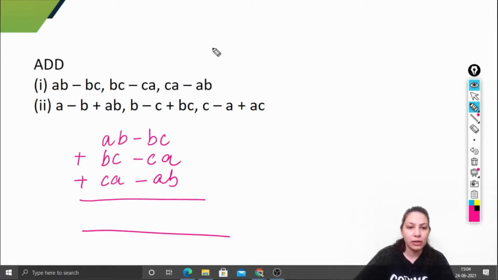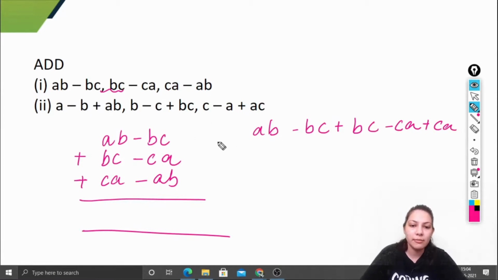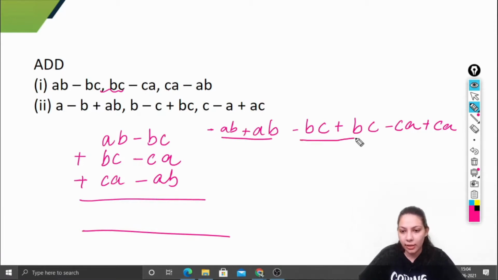So let us write AB, minus of BC plus of BC, again minus of CA plus of CA, and here minus of AB. So as you can see here, I have arranged in like terms.